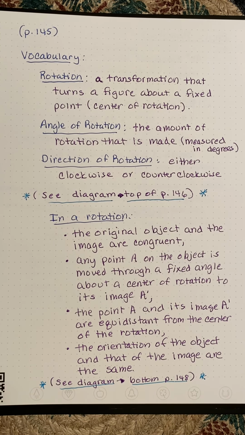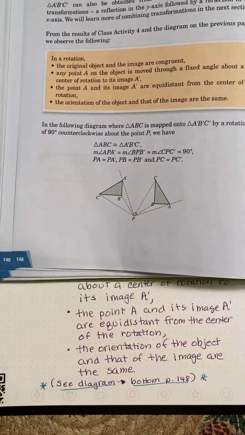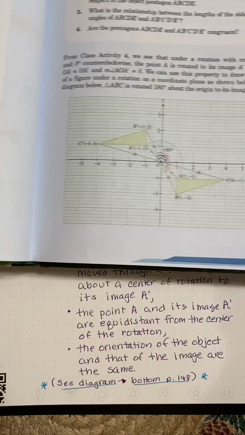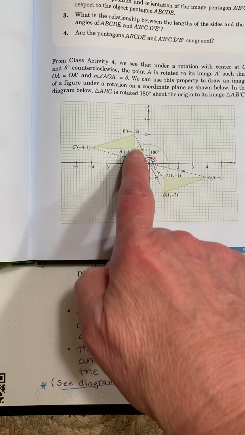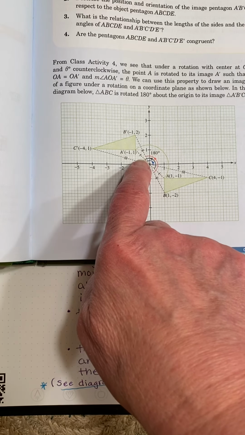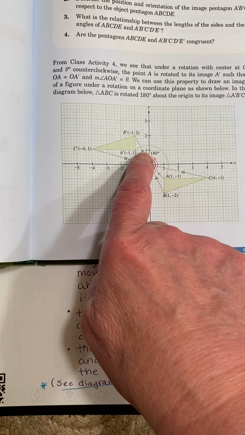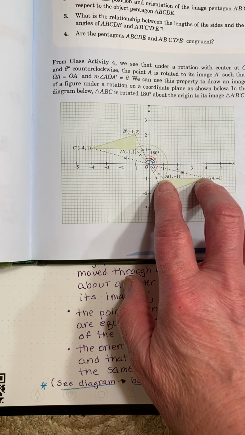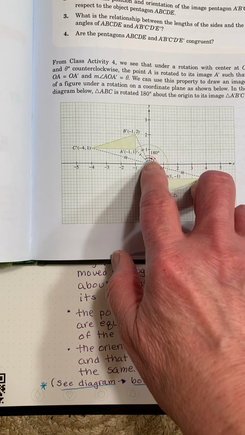So now it says, look at the diagram at the bottom of 148. There's one at 147 too. So let's go to 147 first, and then we will go to 148. On 147, we have a rotation of 180 degrees. So basically we are starting here, and it is rotated about the origin.